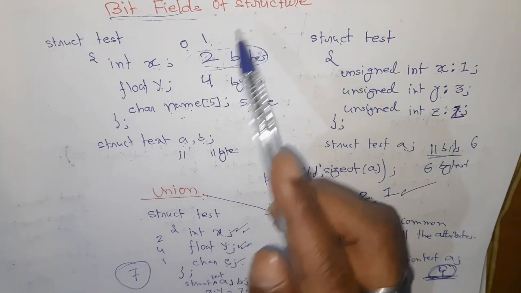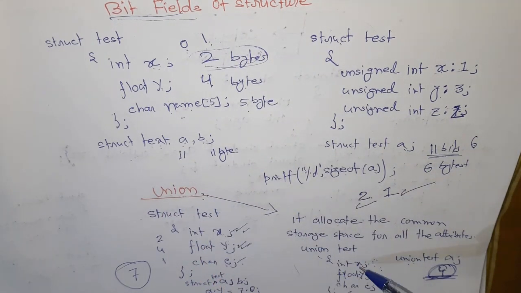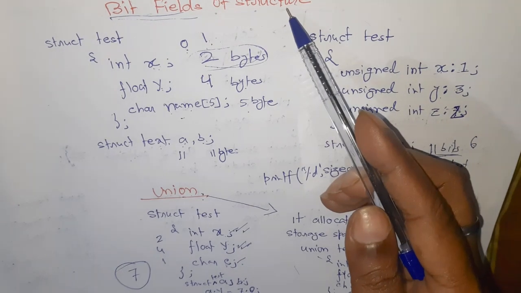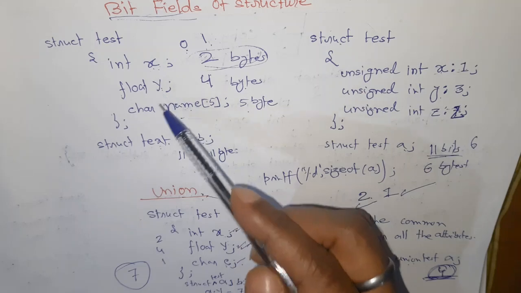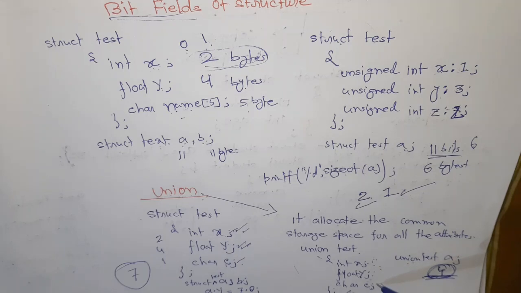In the case of structures, all the attributes have separate memory allocations. For the union, all the attributes have a common memory allocation. In structures, we can access all the variables at any instant of time, but under the union we can access only one attribute at a time. So this is the basic difference between structure and union. Okay.